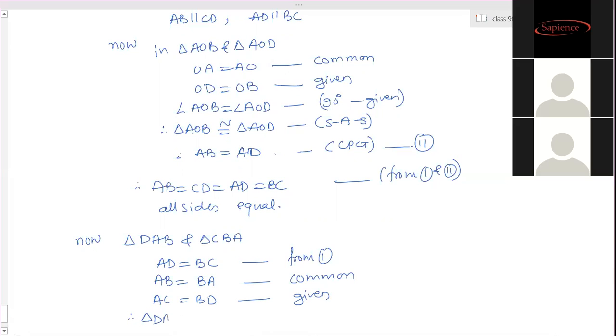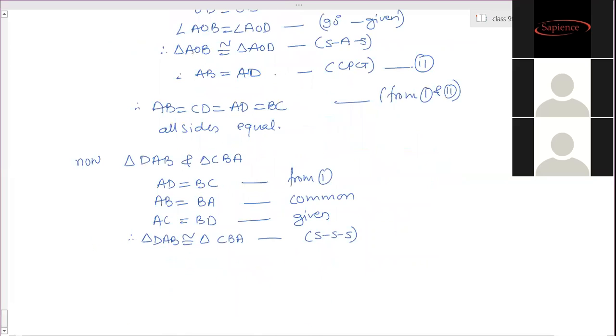Therefore triangle DAB is congruent to triangle CBA by SSS congruency. Angle DAB is equal to angle CBA by CPCT.